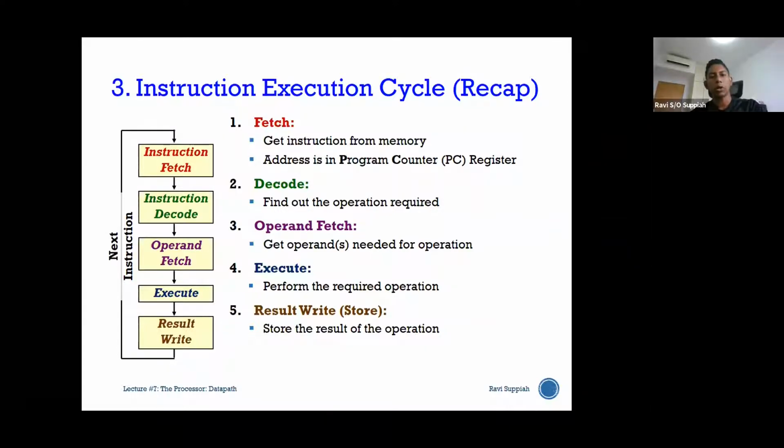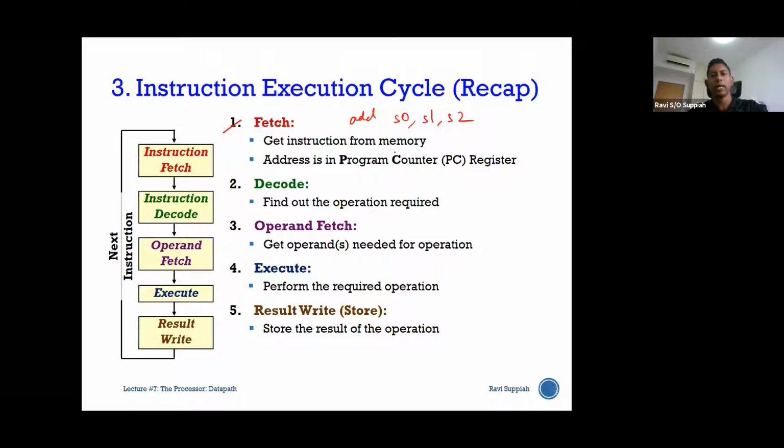Okay, so in terms of the sequence of operations, we can break it down into these 5 steps. The first step is fetch the instruction from memory. So for example, if I say add S0, S1, S2, I fetch this instruction from memory.